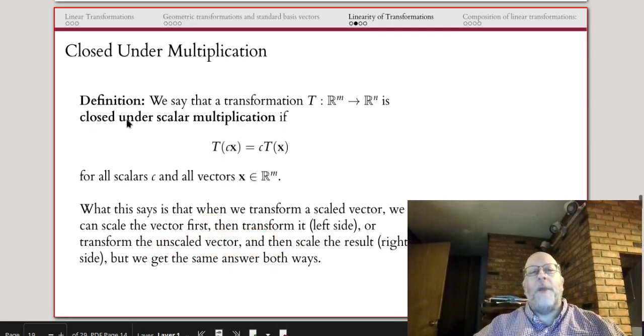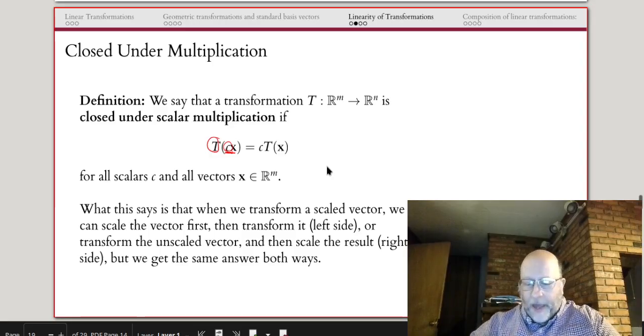We say the transformation is closed under scalar multiplication. Same kind of idea. On the left-hand side, we're doing the parentheses first. And so I'm taking x and I'm scaling it by some constant c. After I scale it, then I apply the transformation to the result. Okay?